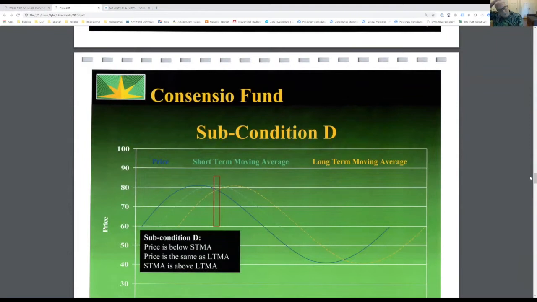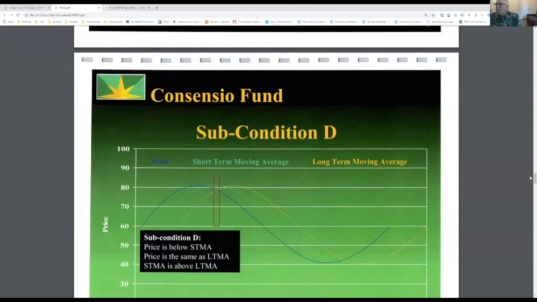And then point D. You notice that I am not talking about time periods. I haven't told you the length of the moving averages. They don't matter until you have picked your asset and until you know, are you a gambler, a speculator, or an investor?